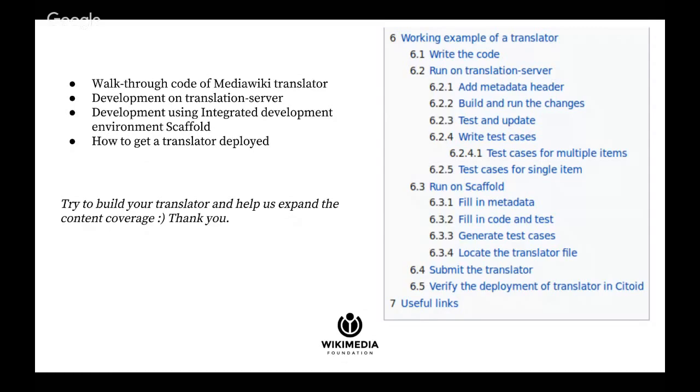And most of the translators that we have as of now cover the English language, and not much coverage is available for other languages. So it will be great if people make use of this documentation, develop translators, and expand the coverage of the content that we have.